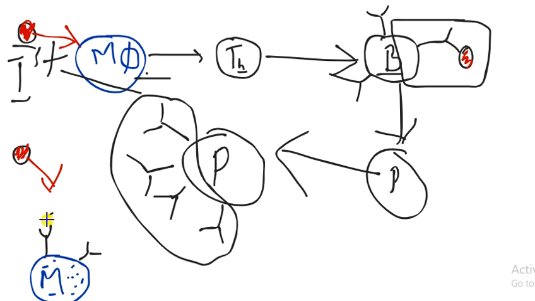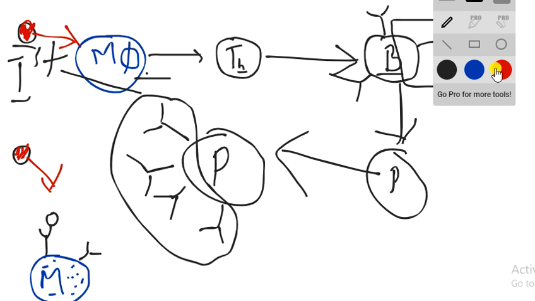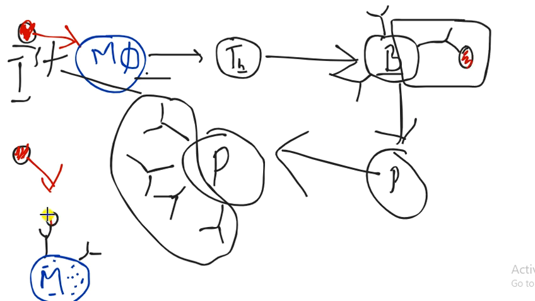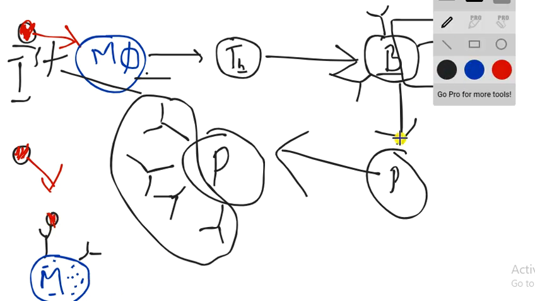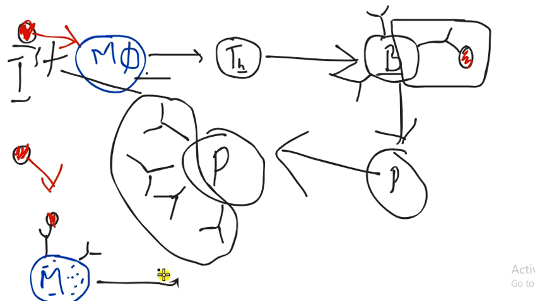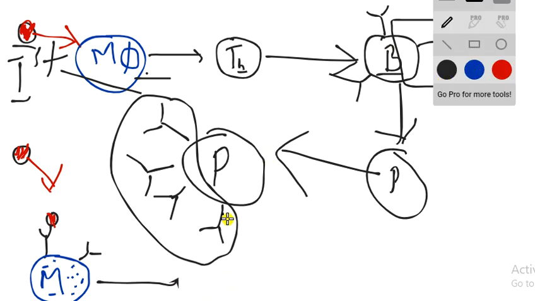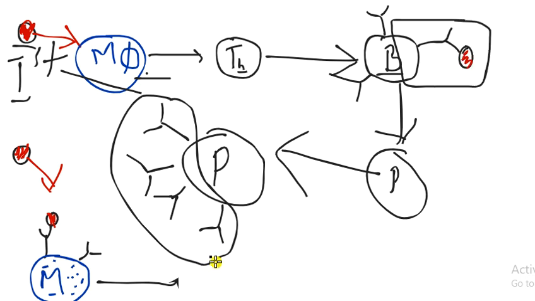So this time the allergen is going to bind with this IgE. It leads to the degranulation of the mast cell.